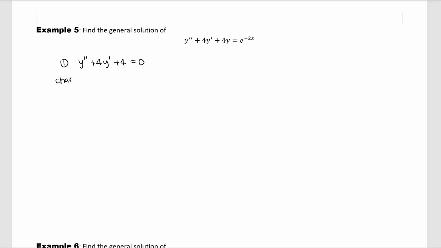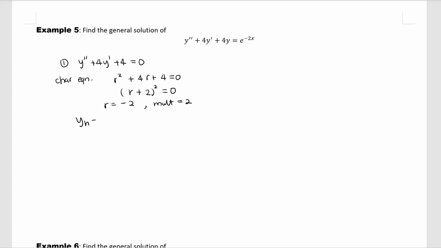And what is the characteristic equation? Well, that's r squared plus 4r plus 4 equals 0. This is a complete square, so r plus 2 squared equals 0. So r equals minus 2, and because it's repeated, its multiplicity is 2.